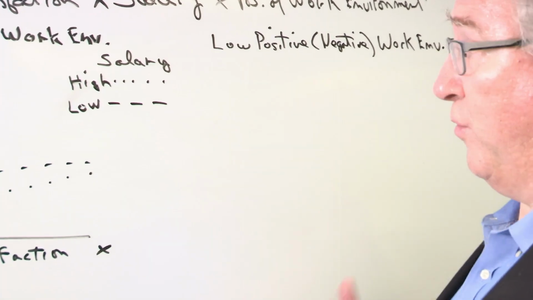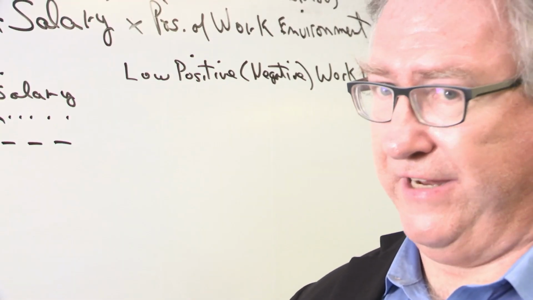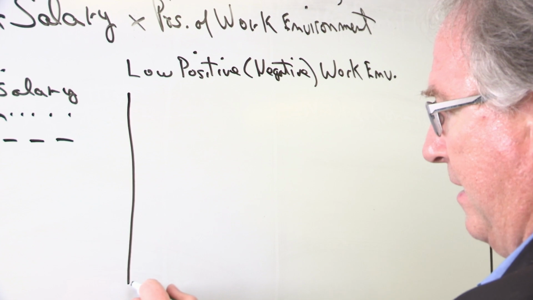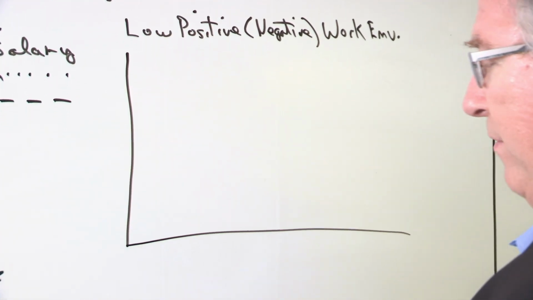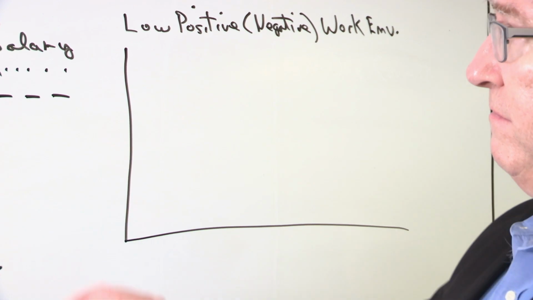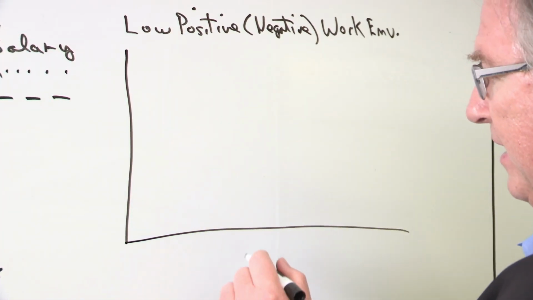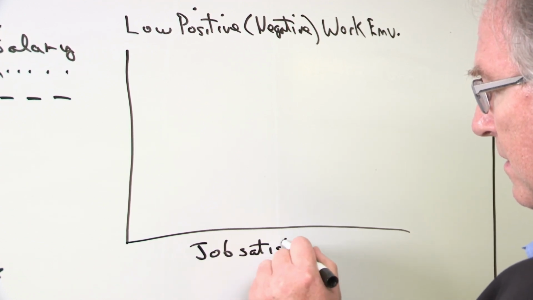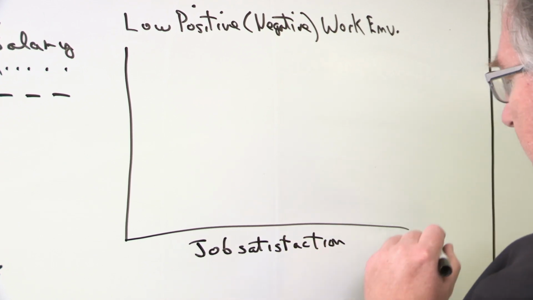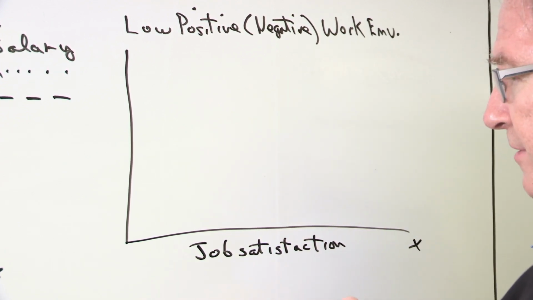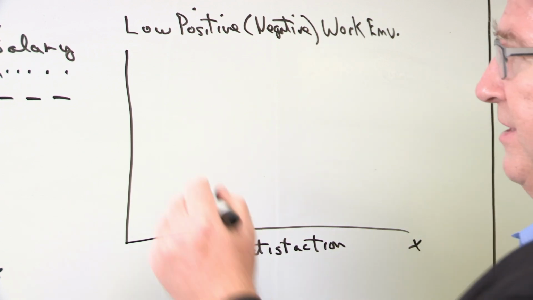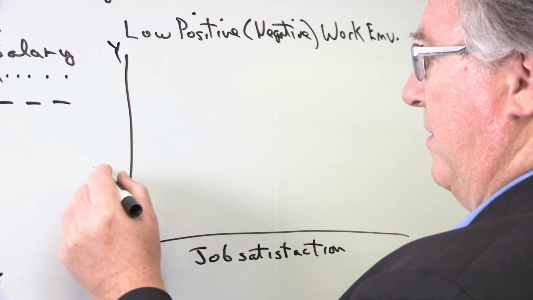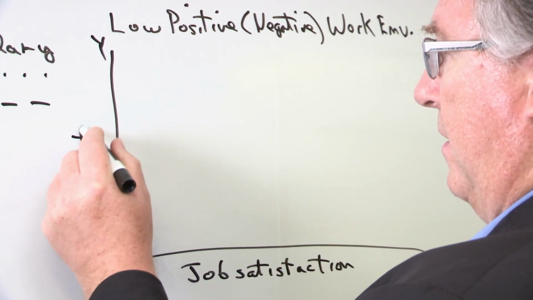Within low positive work environments, so negative work environments, not nice places to work, there we find, when we look at the two-way interaction of job satisfaction by salary, here we have job satisfaction as our focal predictor on the x-axis, and on the y-axis we have organizational commitment.